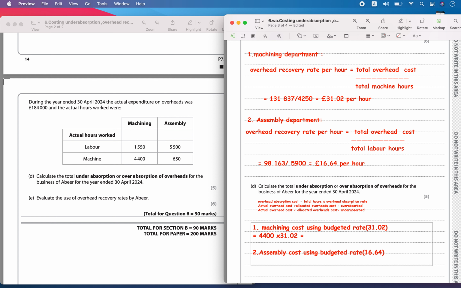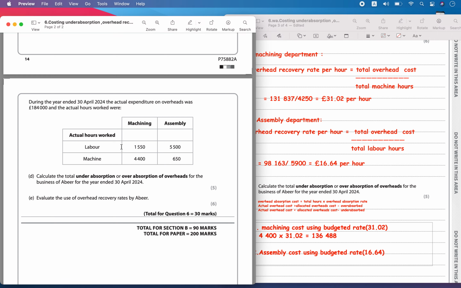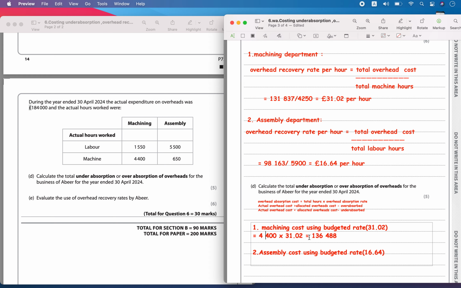That is equal to 136,488 pounds. If I have worked this many hours at this rate, the machining cost should have been this much.